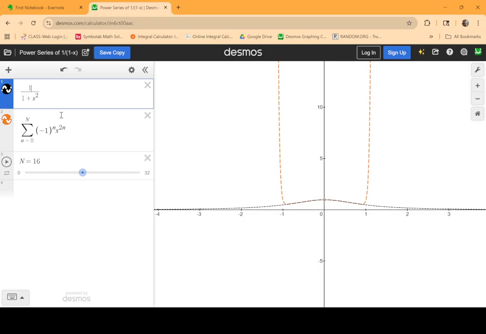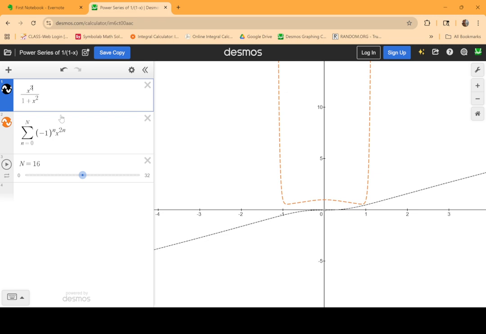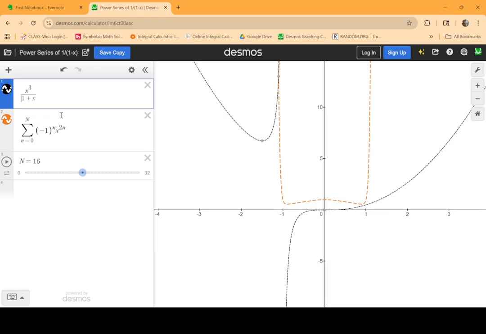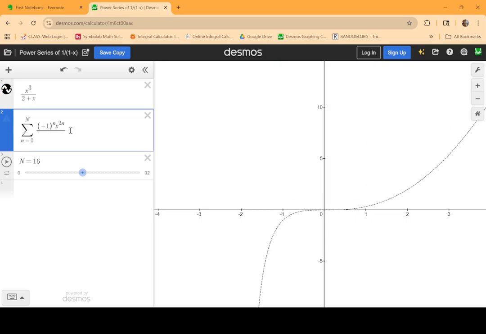Okay, and then looking at the graph so we can see what it's representing. We get x cubed over x plus 2, and then the power series with negative 1 to the n times x to the n plus 3 over 2 to the n plus 1.